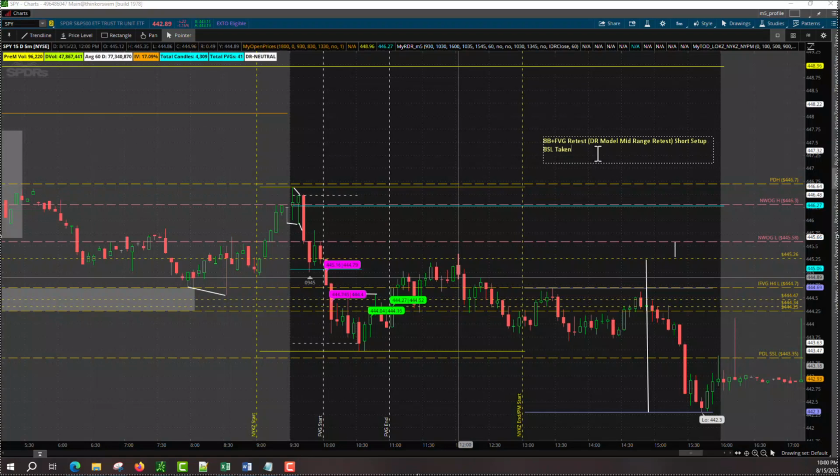Yeah, and we do have the sell side liquidity trap. You see right here, sell side liquidity trap, and buy side liquidity was taken right there. A perfect short. Beautiful.